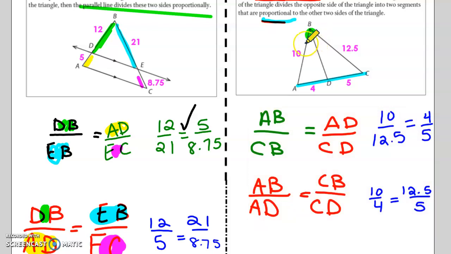So I can set up side AB over CB, and that will be equal to AD over DC, or CD.